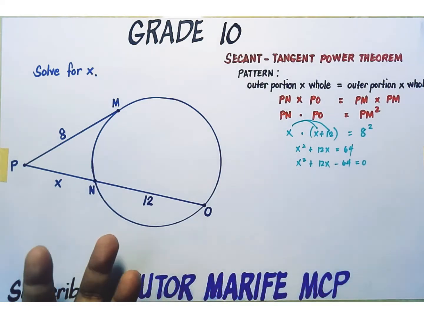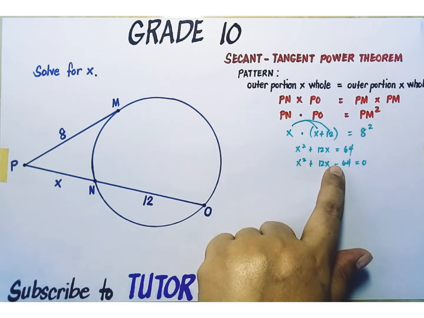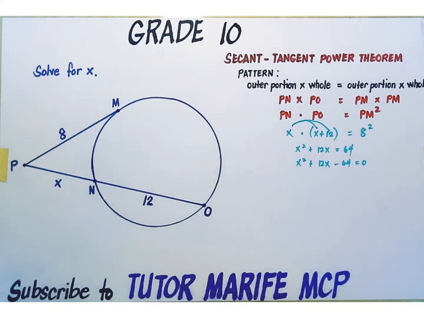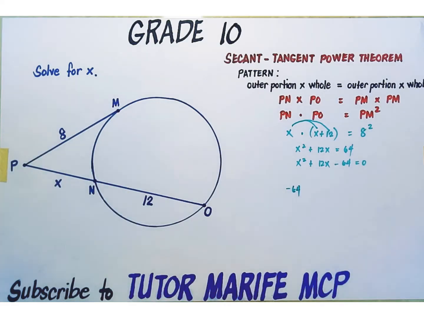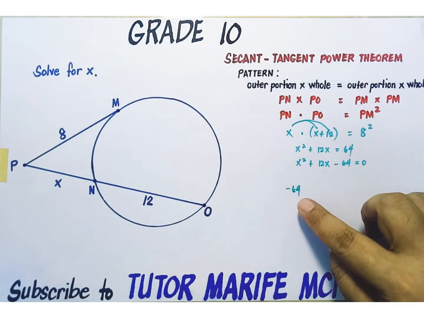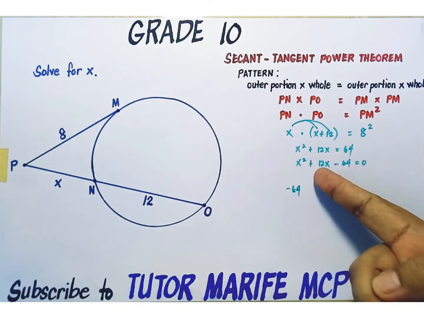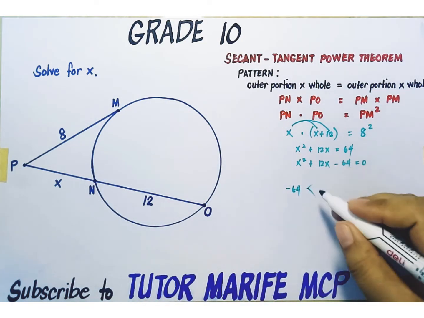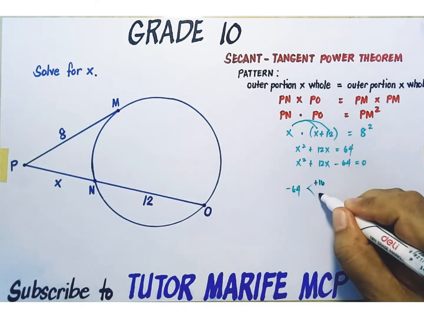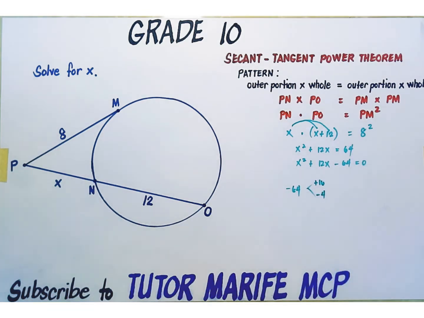By factoring method, let's concentrate on the constant term, which is negative 64. Think of factors of negative 64 that add up to positive 12. It's positive 16 and negative 4.